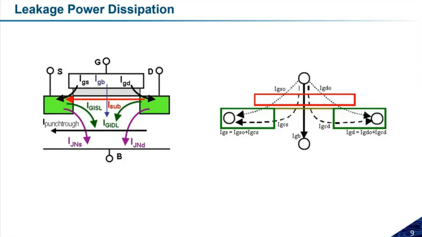These give you more insight into the detailed current components, especially the leakage current components. Based on the operation, the conditions of the channel, and the potentials at different terminals, these leakage current components can play a major role in the leakage power dissipation.